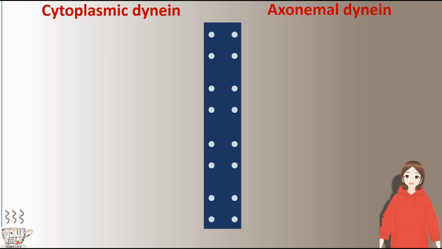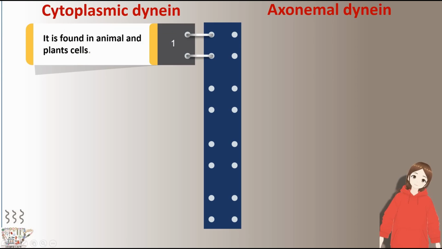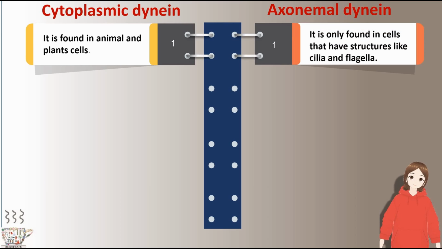Now I want to compare cytoplasmic dynein with axonemal dynein. Cytoplasmic dynein is found in animal and plant cells, but axonemal dynein is only found in cells that have structures like cilia and flagella.